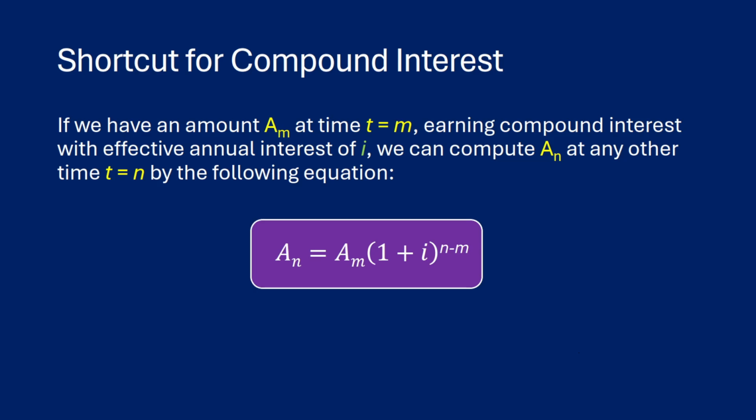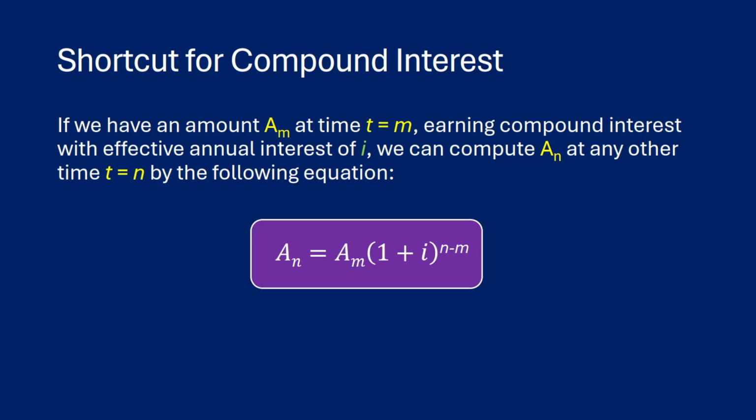So here's a general shortcut from what we saw earlier. If we have an amount A(M) at time M and a compound interest rate of i, then we can find the amount at time N using the following equation.